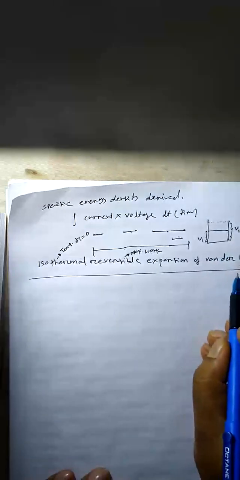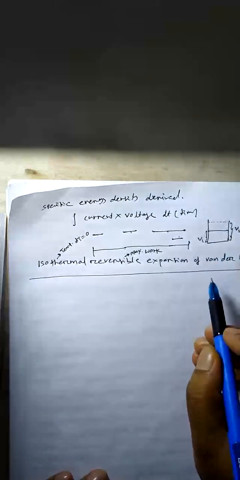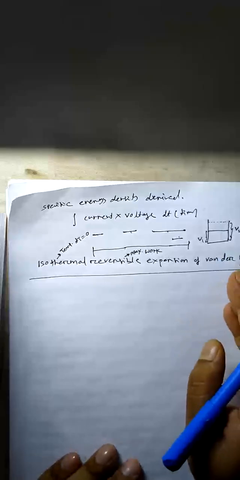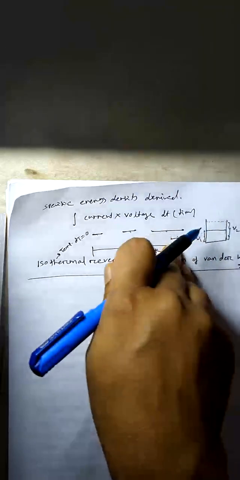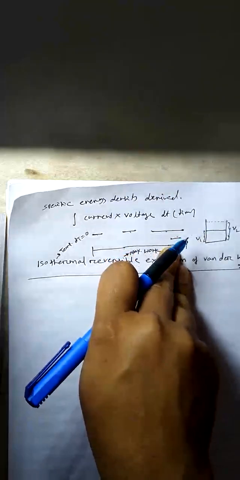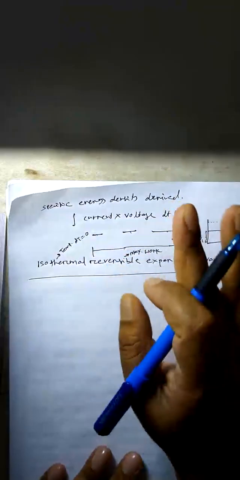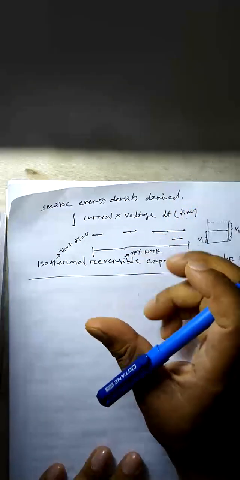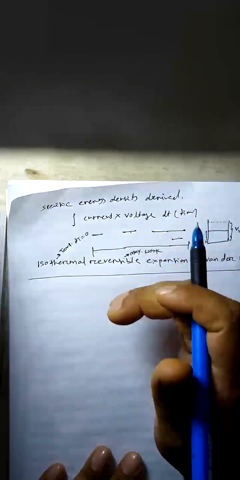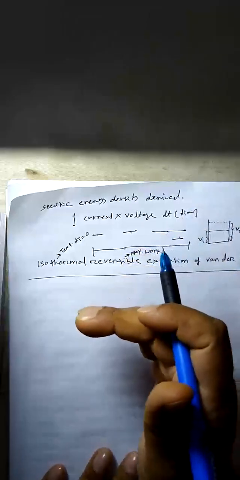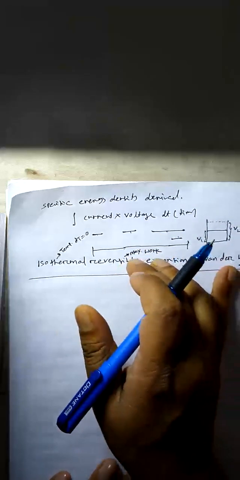Van der Waals gas means real gas. In our day-to-day life, whatever gas you face is a van der Waals gas. Van der Waals gas means the force of attraction between the gas molecules cannot be neglected, and the volume of the gas molecule also cannot be neglected. So these two things we have to consider in the case of van der Waals gas.